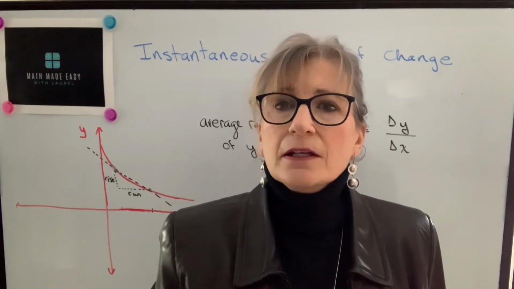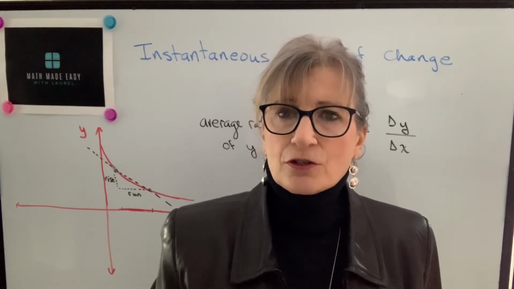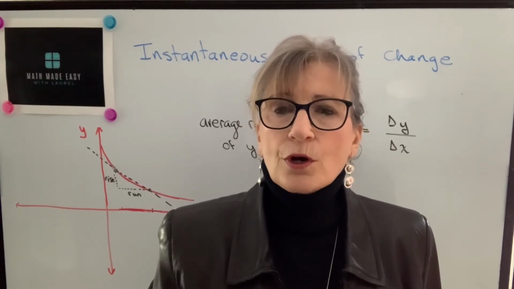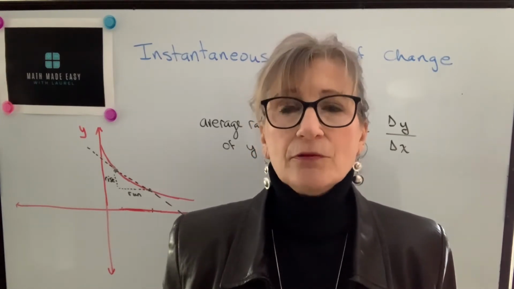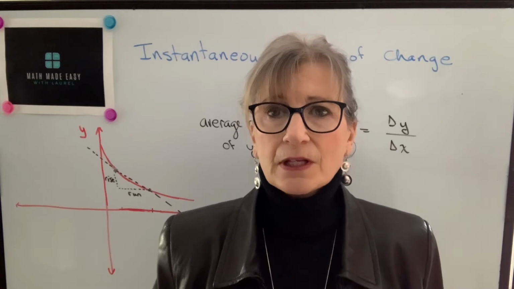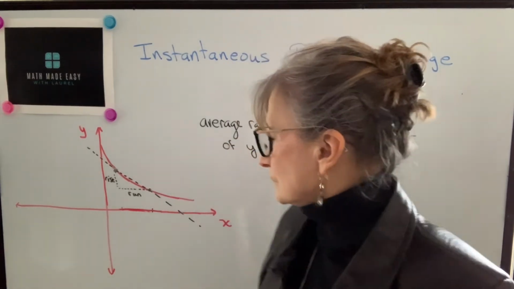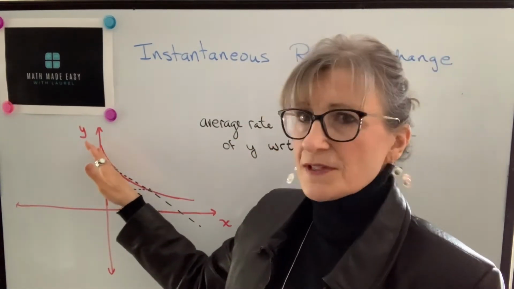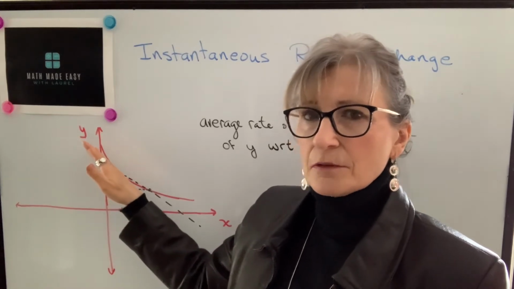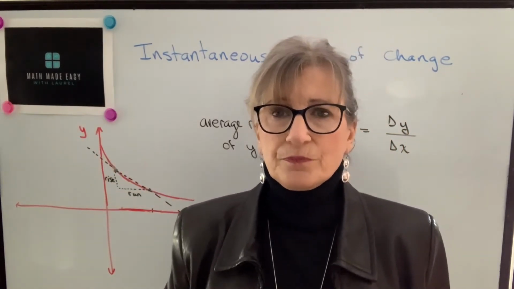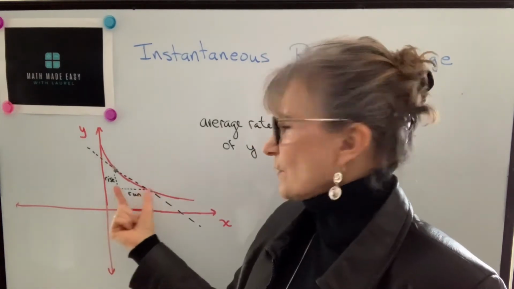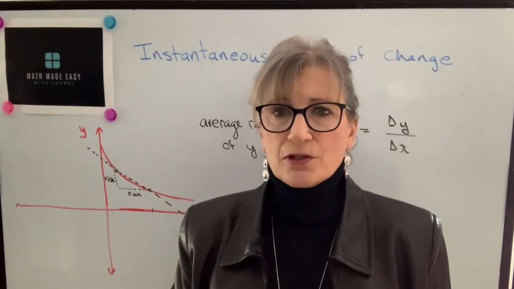However, the instantaneous rate of change of a function is often more valuable information when we're taking a look at the behavior of a function. So for example, if this represented the concentration of a drug in somebody's bloodstream, average rate of change just tells me over a certain time interval.